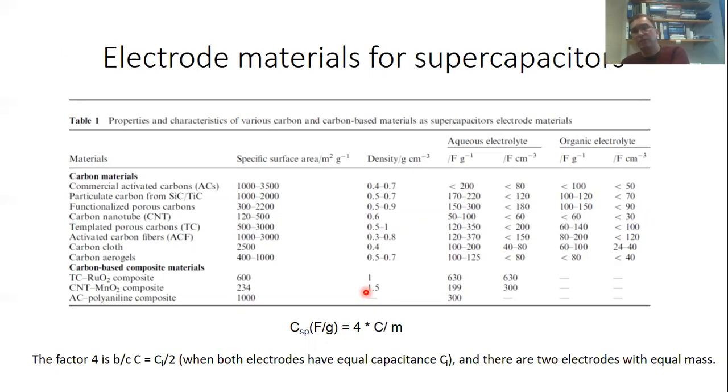electrolyte supercapacitors. I should also mention here that in comparison to parallel plate capacitors, the voltage is more limited, just because also an organic electrolyte will undergo electrolysis at relatively low voltages. You can only apply a few volts, so 3 to 5 volts, but that's about the maximum.